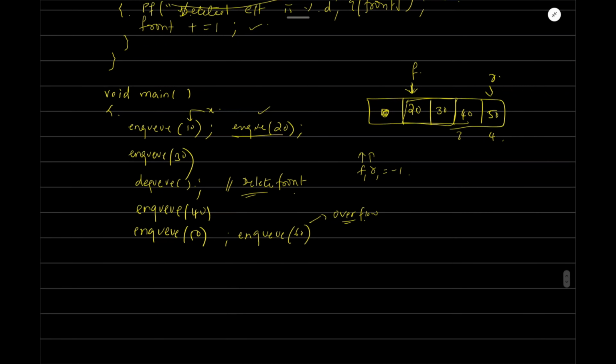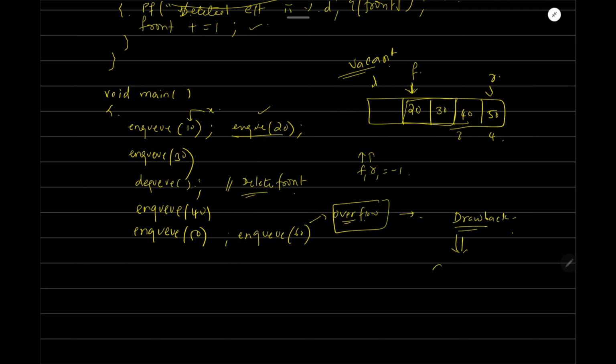If we see here, there is one issue. If you keenly observe, there is one issue. Even though one of the elements in the queue is vacant, still the queue is showing overflow. So this is the drawback of the queue.